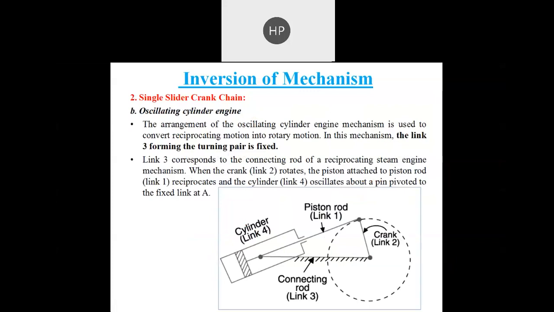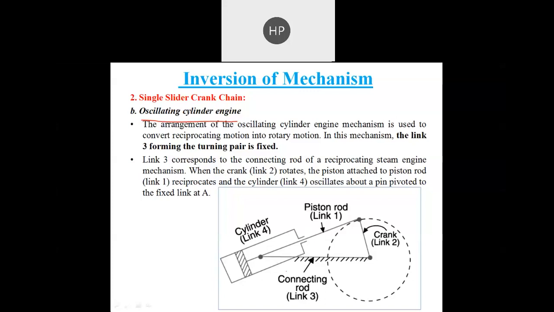Then the oscillating cylinder engine, this is the second inversion. Okay, so the oscillating cylinder engine mechanism is used to convert reciprocating motion into rotary motion. And in this mechanism the link 3, forming the turning pair, is fixed.